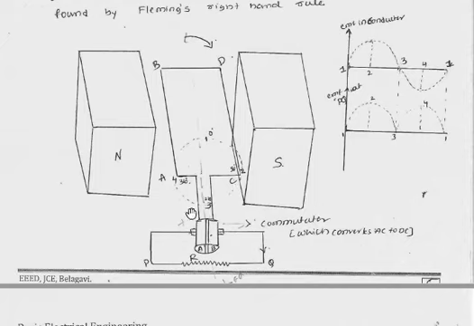And when it moves to position number 4, which means AB at this present position, AB is very close to the north pole. In this particular direction, when it is moving clockwise, it is going to move upward, and the direction of flux is north to south.